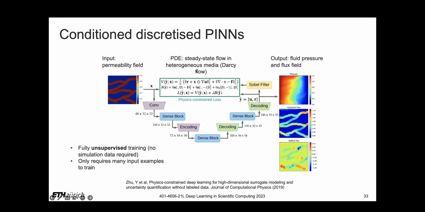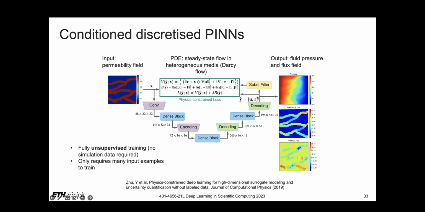And this is just given by Darcy's law, Darcy's equations. Again, I don't need to go into the PDE exactly, but the same thing is true. We have the physics loss here, which is just computed on these discretized outputs, and they're doing a separate boundary loss to assert the boundary conditions.